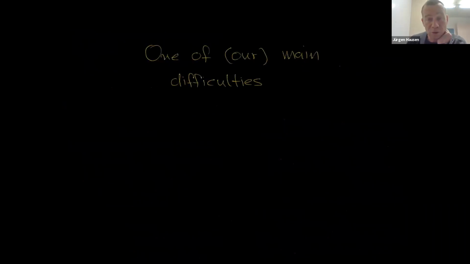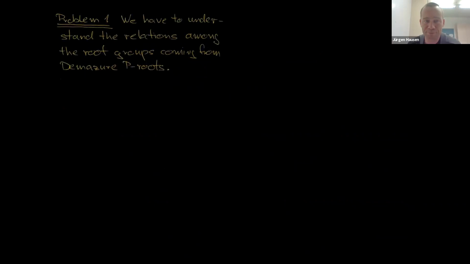For the moment, it looks quite straightforward what one should do. But as soon as we started computation, one of our main difficulties showed up. The first problem is there are in general many more root groups than we need generators.